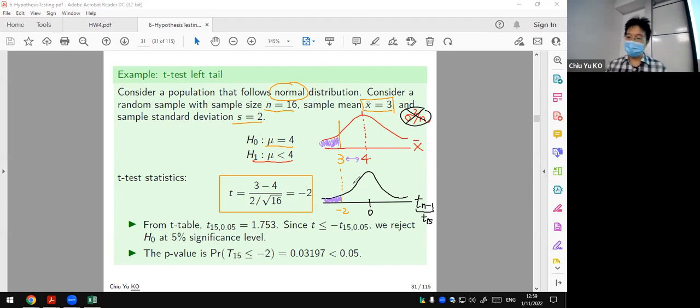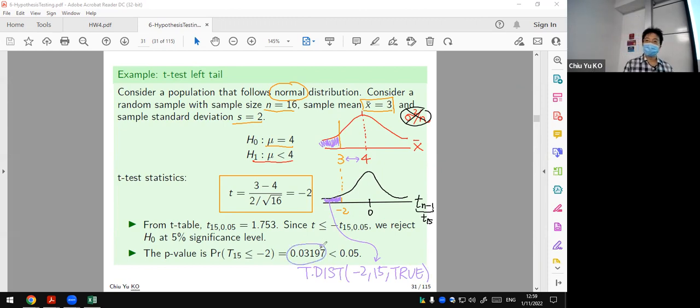Okay, so then look at this area. If the purple area is less than 5%, then we're done. So how can we find this area? Very simple, because Excel directly gives you the answer, as this is the left-hand side. Just T.DIST, -2, 15, TRUE. That would directly give the answer 3%.